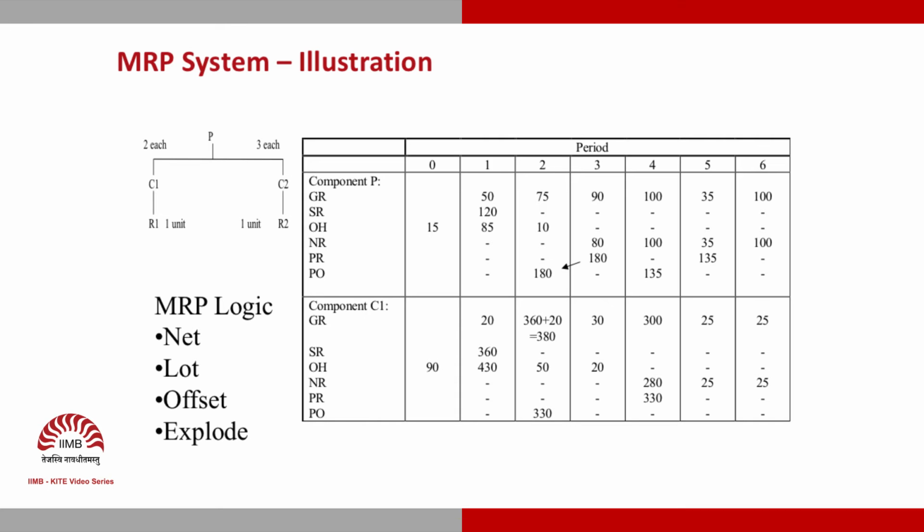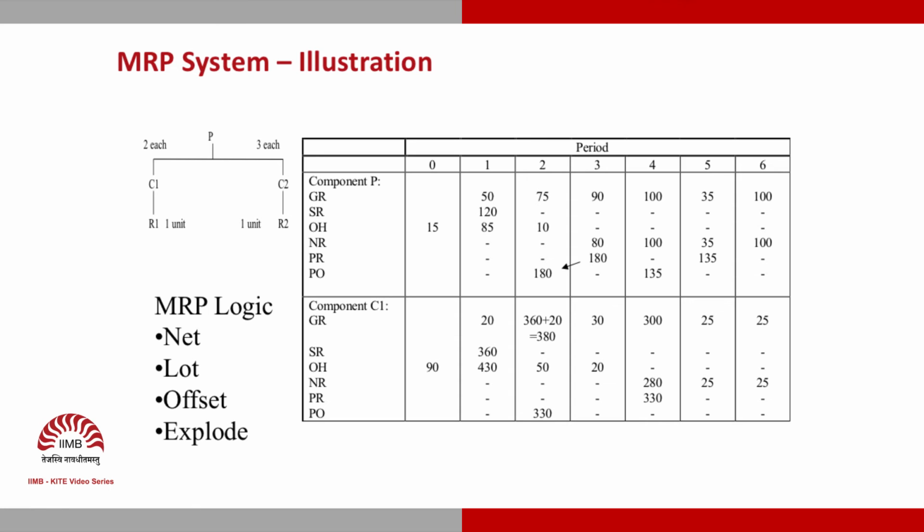Now this 135, if you notice, is actually a combination of net requirements of 35 in period 5 and 100 in period 6. So the 100 of period 6 for component P can be received later.